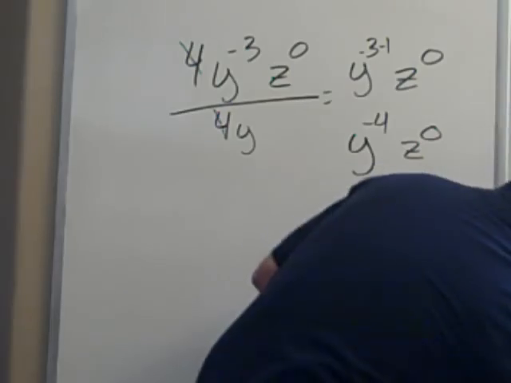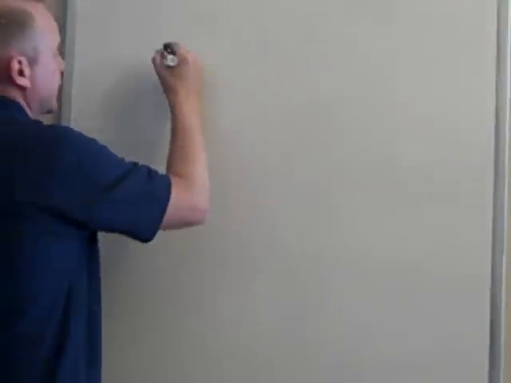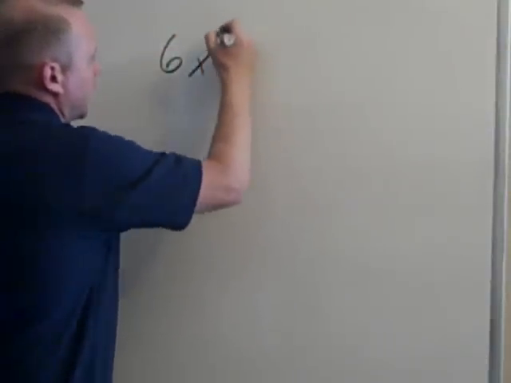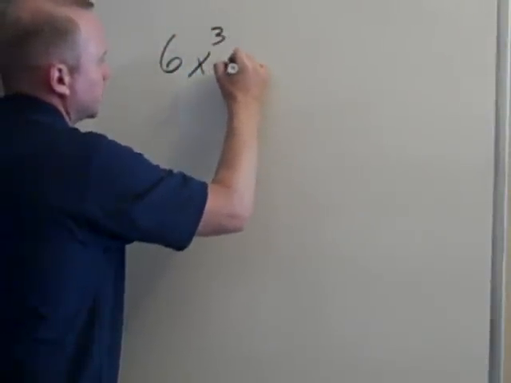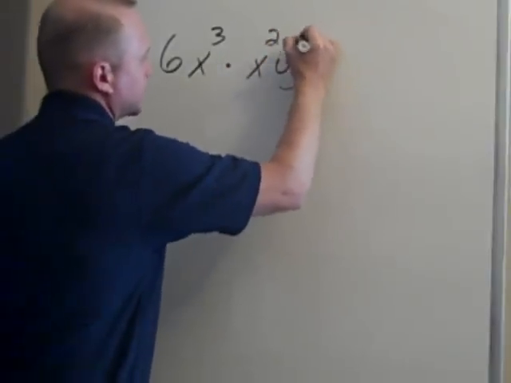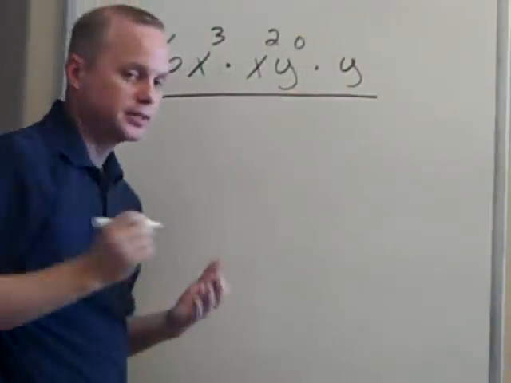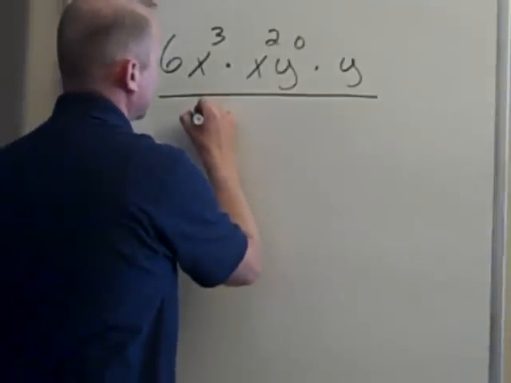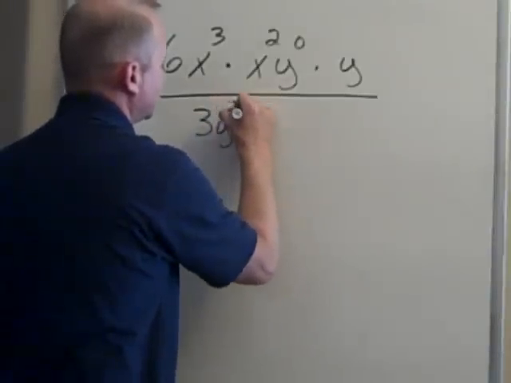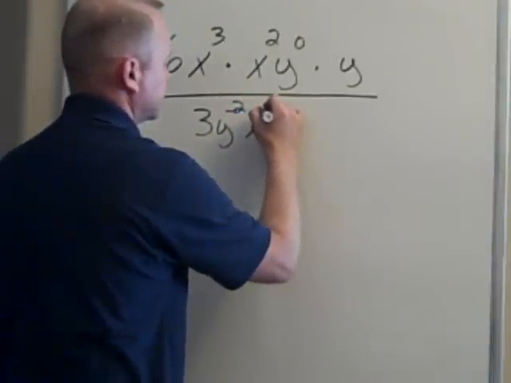Okay, I want to do one more here. If on the top, let's say we have a 6x cubed times x squared y to the 0 times y, all divided by, now this is where we get a little more complicated, and we'll go with the 3 y to the negative 2 x squared.